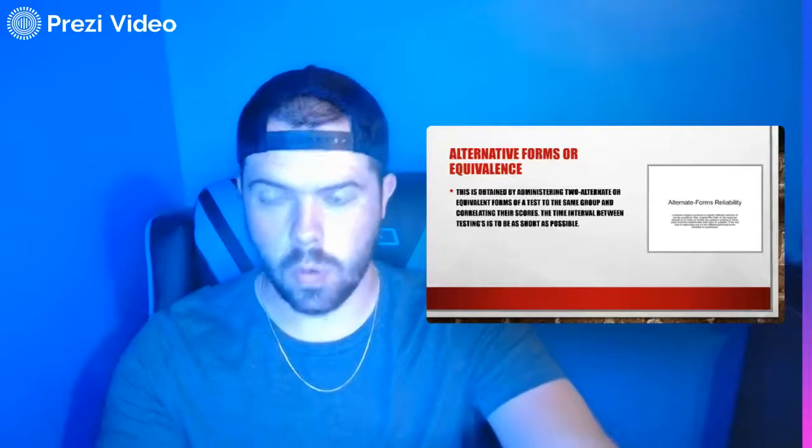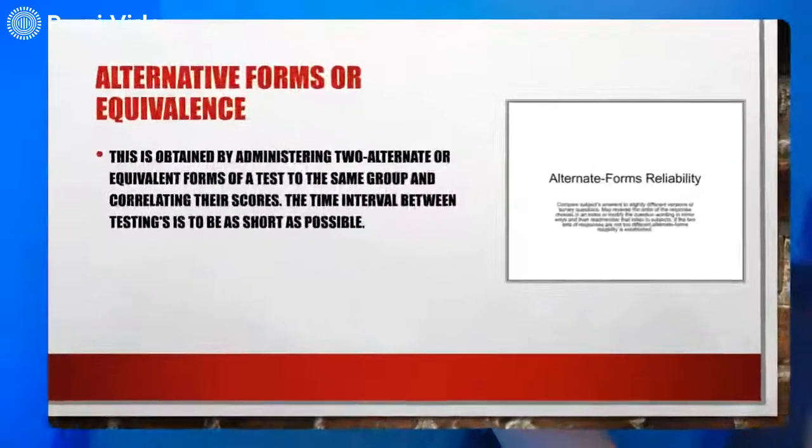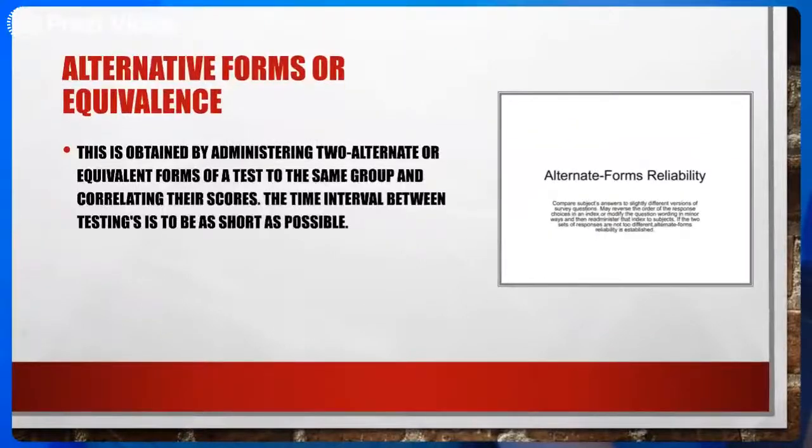On to our next method, which is alternate forms or equivalence. This is obtained by administering two alternate or equivalent forms of a test to the same group and correlating the scores. The time interval between the testing is to be as short as possible.